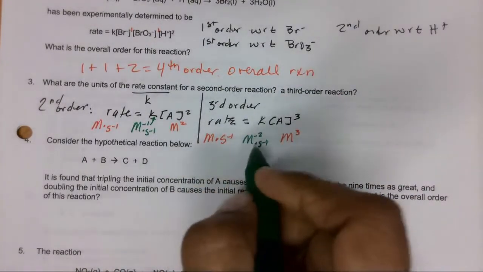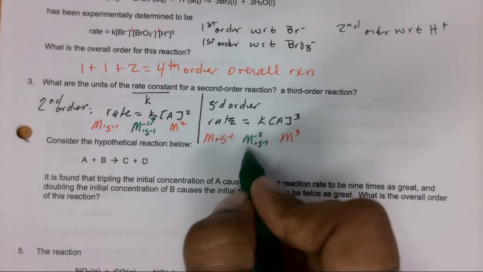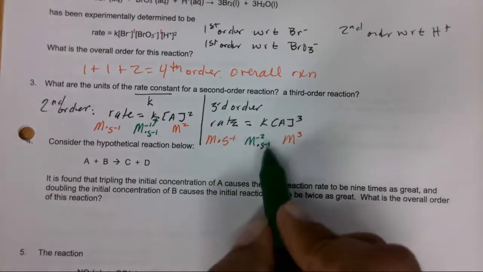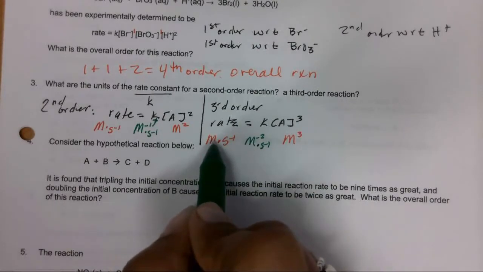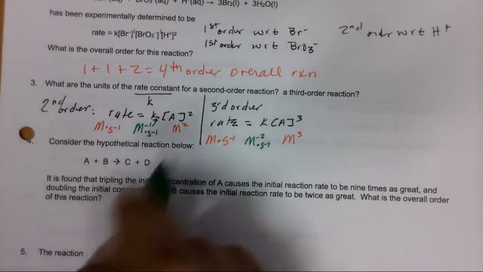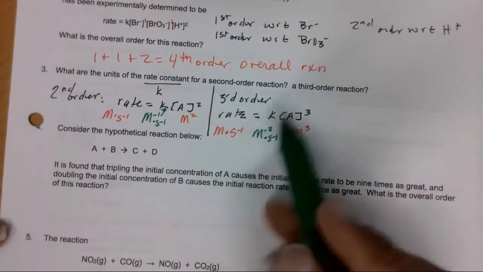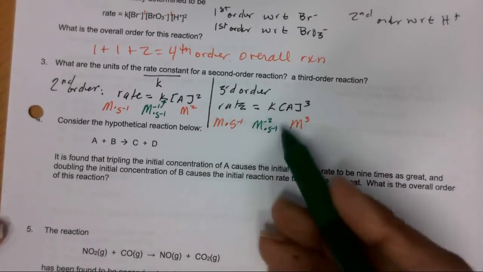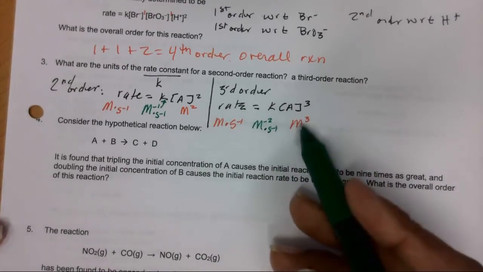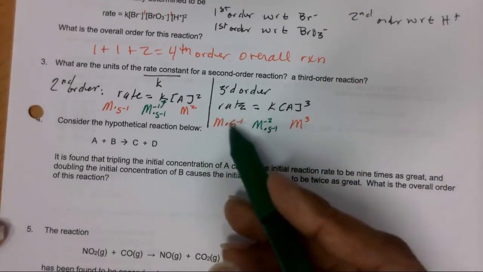So if you do it like this, then what's going to happen? Two of these are going to cancel out. It's going to leave you with the moles per liter per second, right? So you could be asked about a 4th order, 5th order, whatever. It doesn't matter. It's not hard, right? This has to be whatever it requires to cancel things out to get to these units.